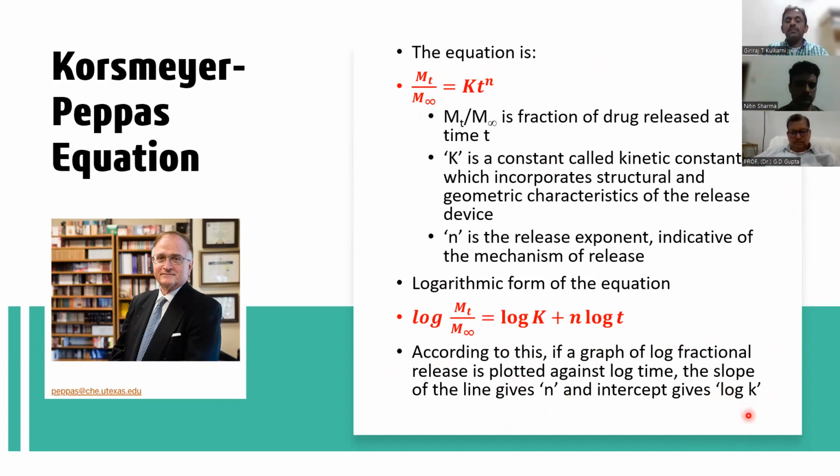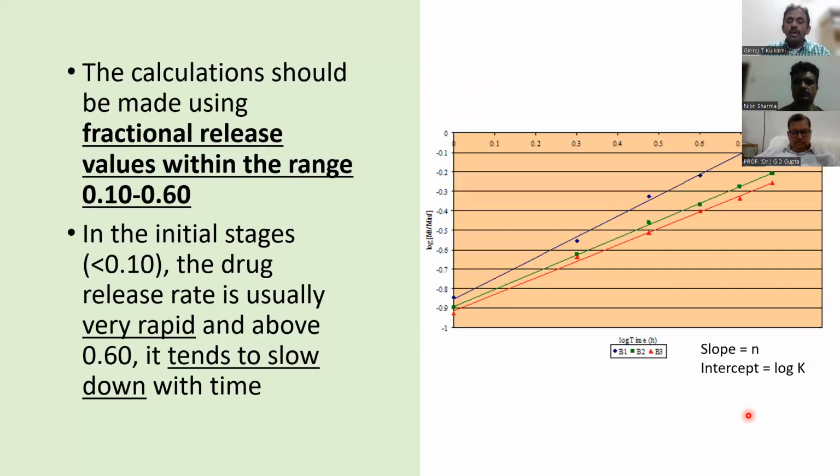The antilog can be taken to convert it into k, which is called the kinetic constant. It is not a rate constant, it is a kinetic constant in this case. We can see the equation here, and one graph I have shown. In all these graphs, slope is n, intercept is log k.